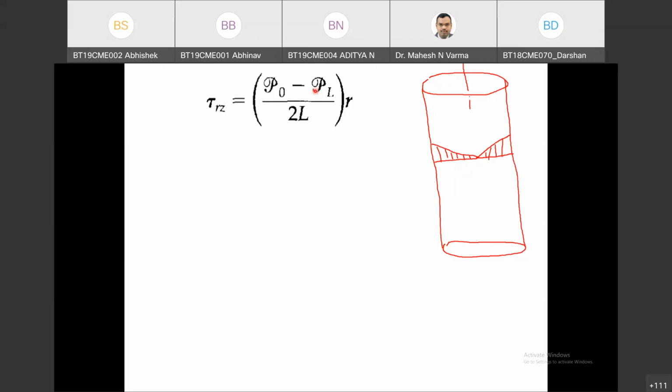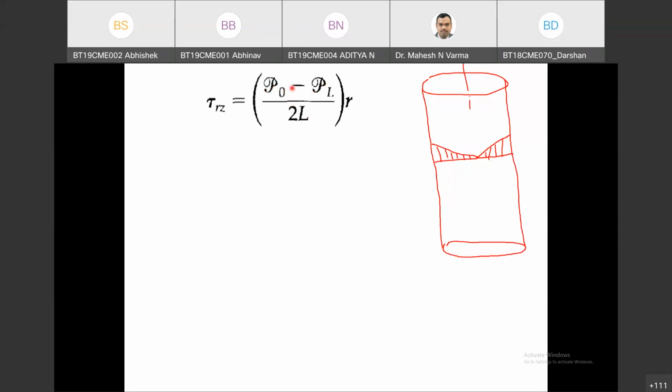Now if you are using a 100-meter pipe, the velocity will be altogether different. This P0 is at the start of the pipe and PL is at the end of the pipe. This is the total pressure drop in the pipe, and this total pressure drop is playing a role. This is the pressure drop per unit length.